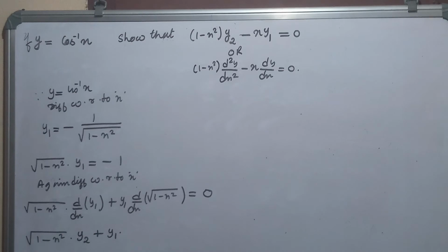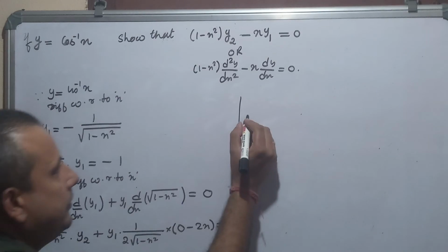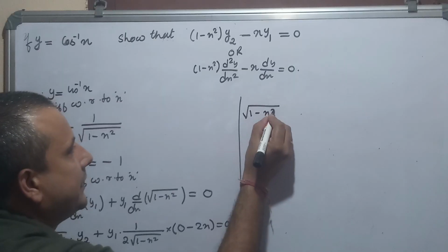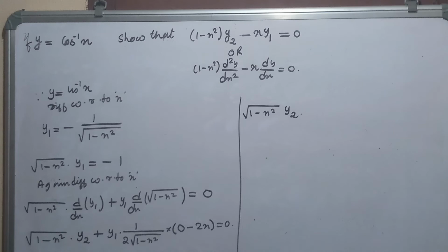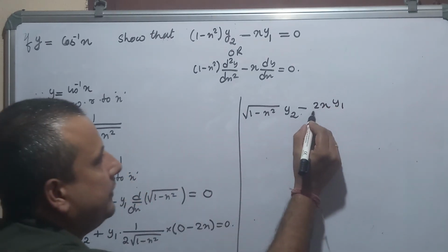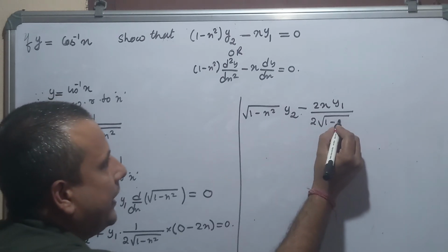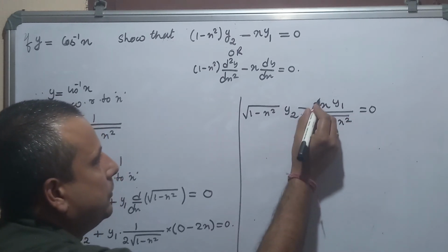Plus y1 into the derivative of the root. Root means 1 over 2 under root 1 minus x square into the derivative of 1, 0, minus the derivative of x square, which is 2x, equals to 0. Now after simplification, we have under root 1 minus x square y2, plus minus into plus minus, so we can write minus 2x y1 divided by 2 under root 1 minus x square equals to 0. 2 gets cancelled.